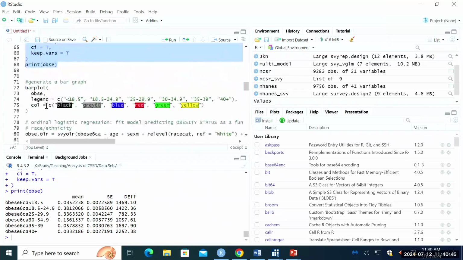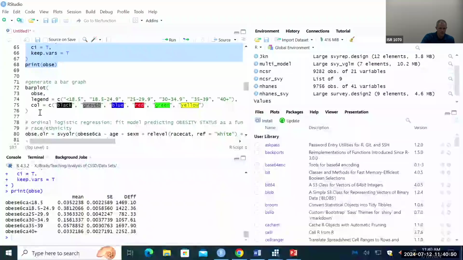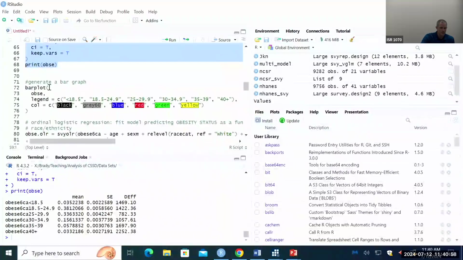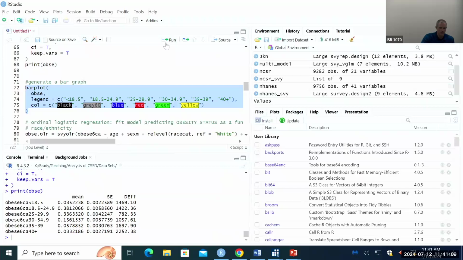Okay, we can generate a bar graph of those weighted estimates of the proportions if we want. So here I'm saving those proportions in a new object called OBSE. And then I'm using this bar plot option to plot the information within that OBSE object. That's one way I can create weighted bar plots within R. So I'm going to go ahead and run this piece.